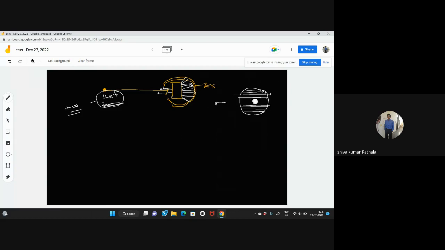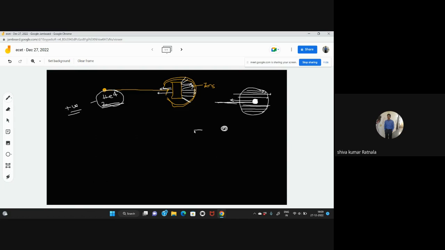These alpha particles are positively charged. When these positively charged particles hit the nucleus, they bounce back like this. That means very few particles bounce back, so the positive charge is completely concentrated in a small region only.